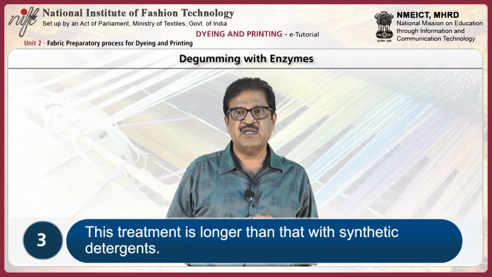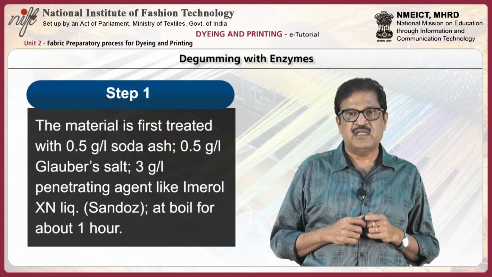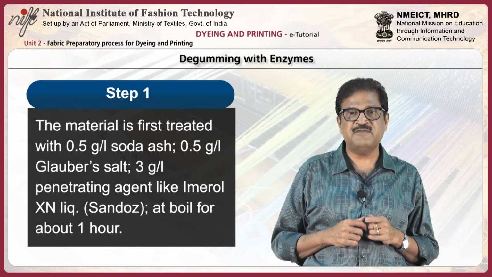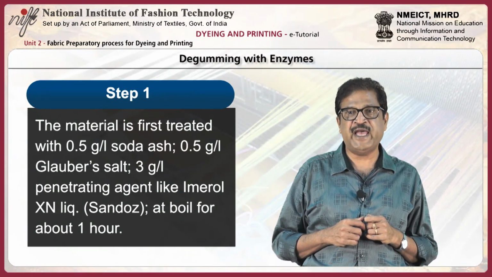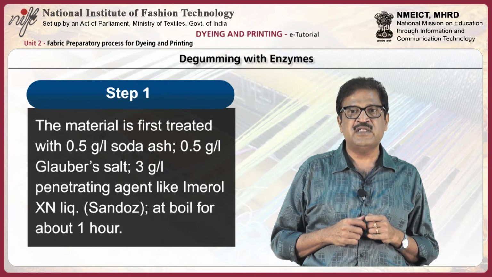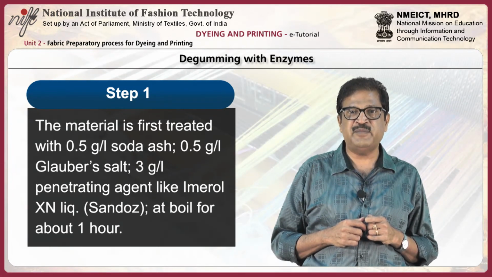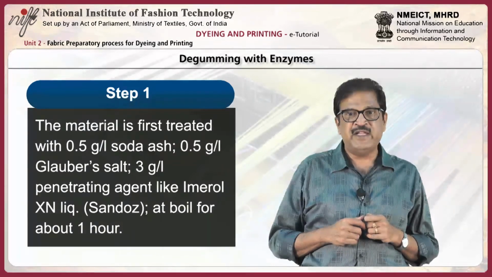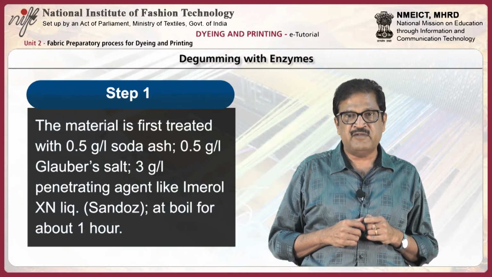This treatment is longer than that with synthetic detergents. The 3-step process includes, in the first step, the material is first treated with 0.5 grams per liter soda ash, 0.5 grams per liter Glauber salt, 3 grams per liter penetrating agent like Emersal at boiling temperature for about 1 hour.